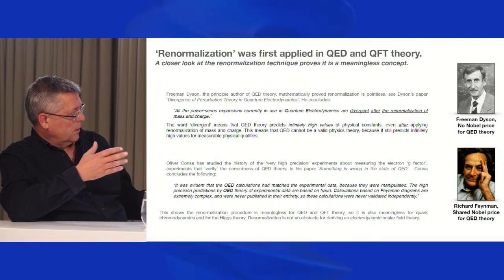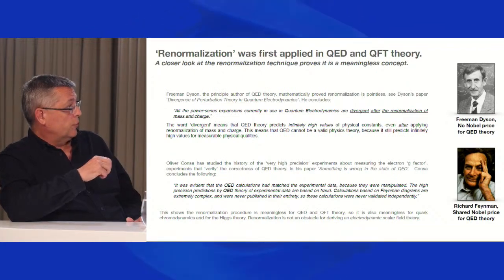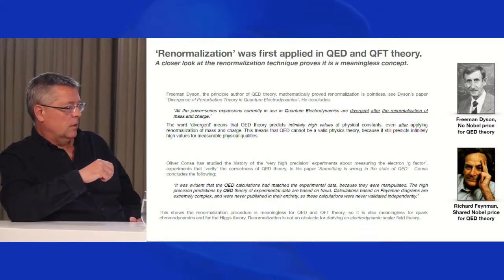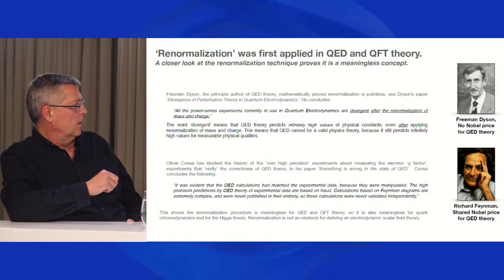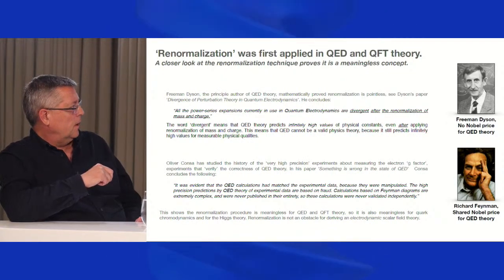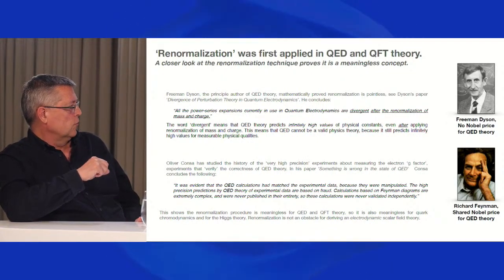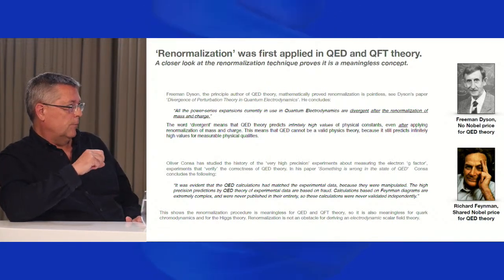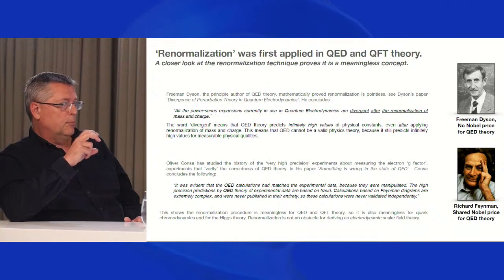And there is another author on QED who investigated the history of very high precision experiments that confirm the QED theory. That's the g-factor of the electron. And this is also a very strange history. And Oliver Consa, he concludes, it was evident that the QED calculations had matched the experimental data because they were manipulated.